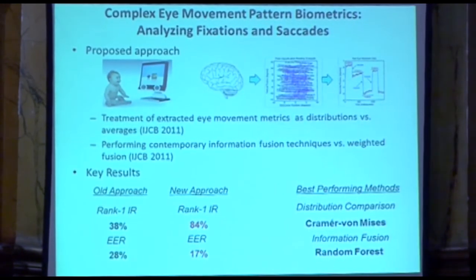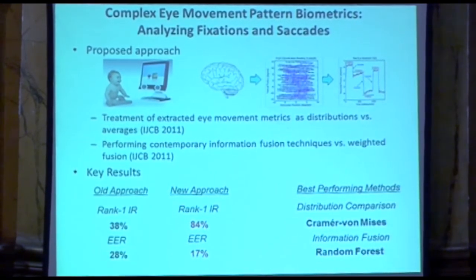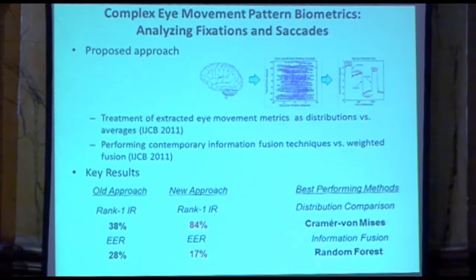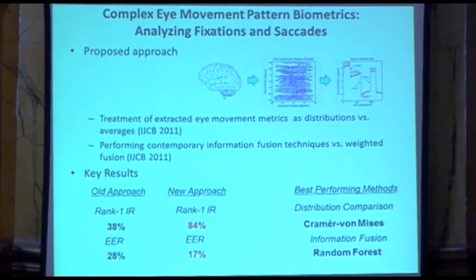2 years ago we presented a technique where we looked at how to identify a person based on eye movements. More specifically, we looked at the brain activity that can be inferred from such eye movement types as fixations and saccades. As a result, we extracted approximately 15 metrics that we can employ to identify a human being.